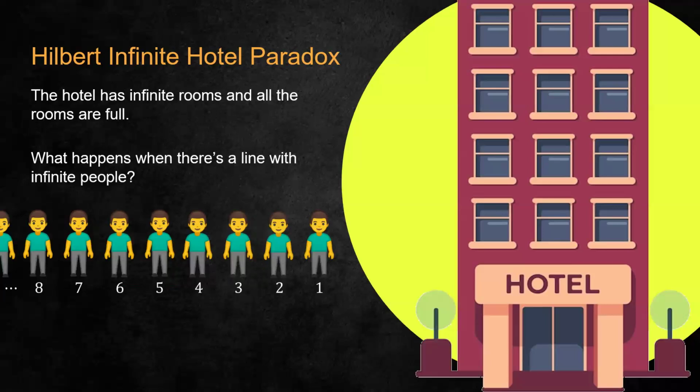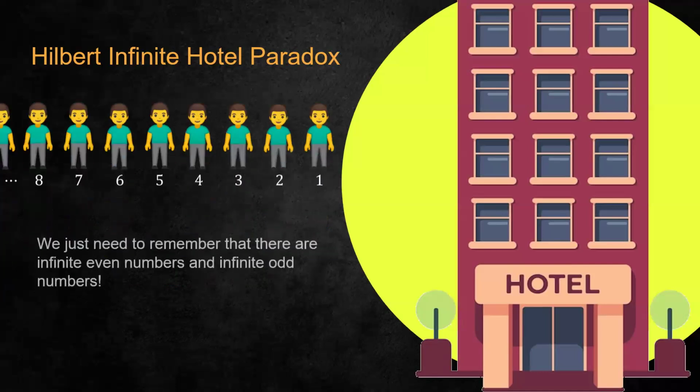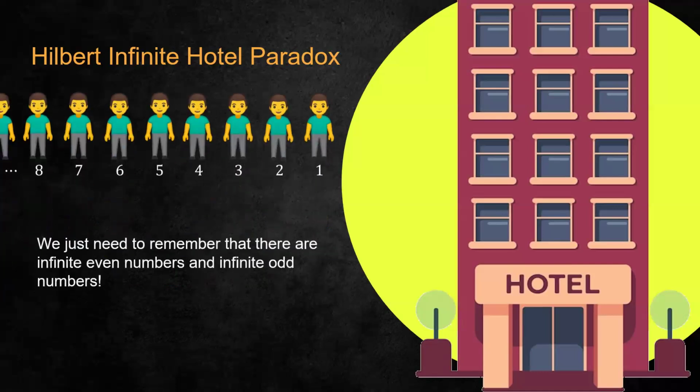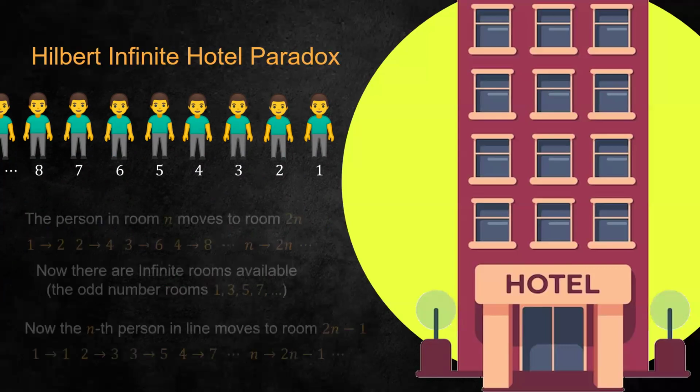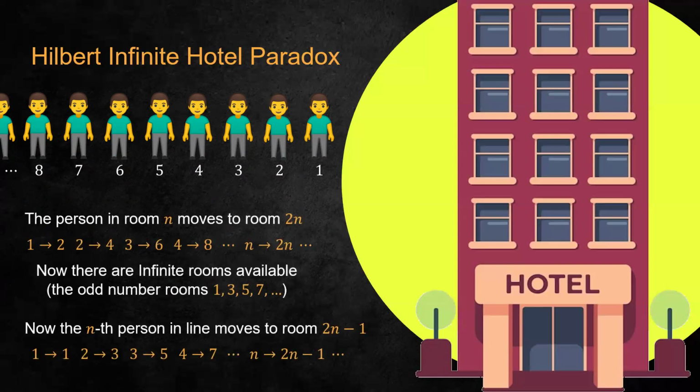Well, we just need to remember that there are infinite numbers of even and odd numbers. And that's what we're going to do. So, first, we'll ask the people that are in the hotel to move to the room that is the double.